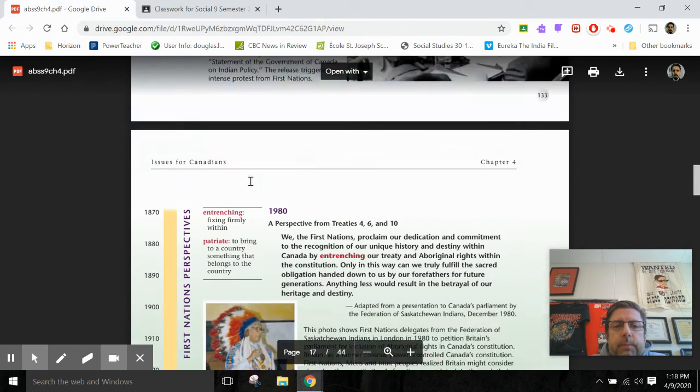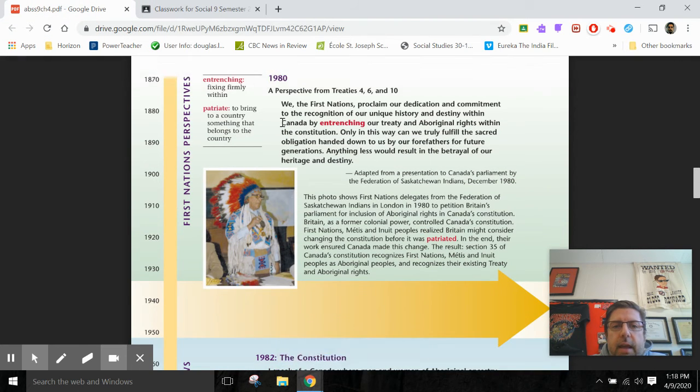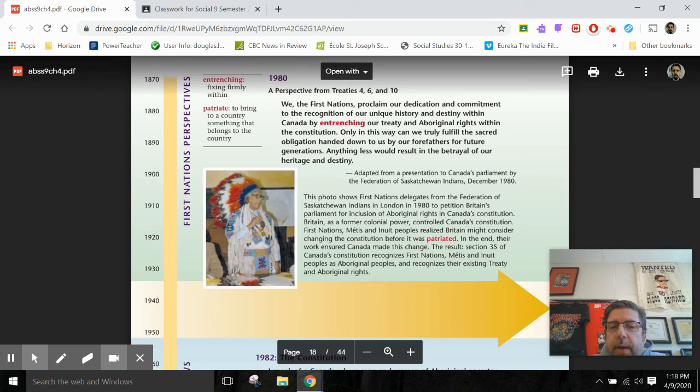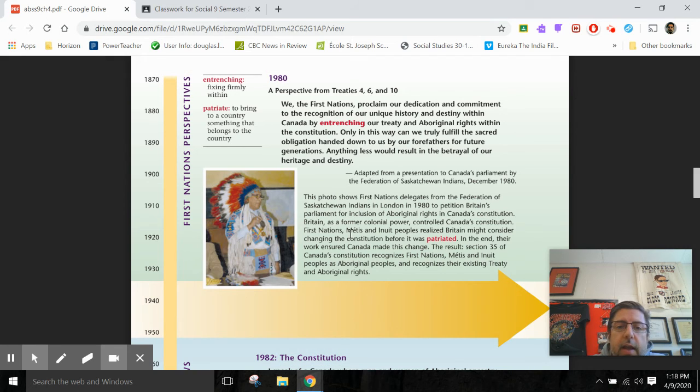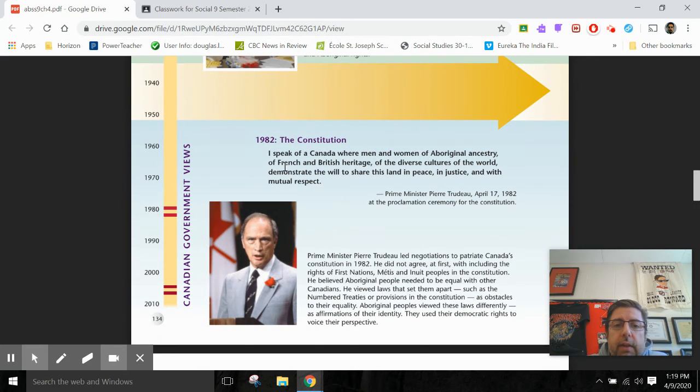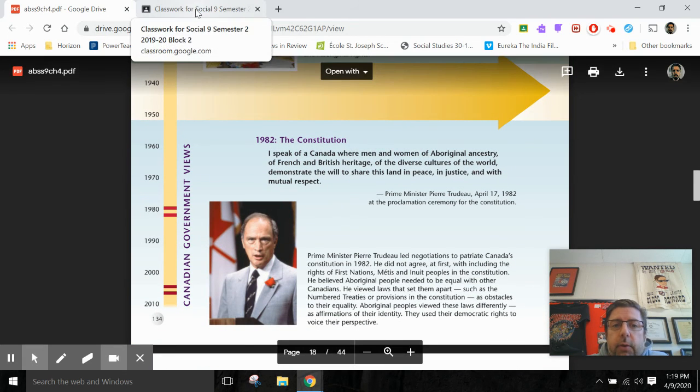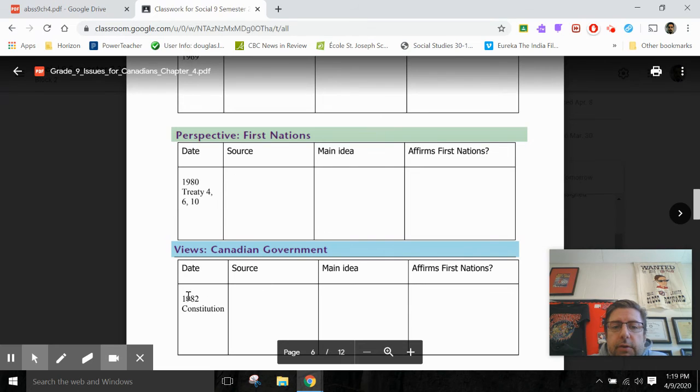Continuing on, you have 1980 as the First Nations perspective. Okay, once again, a source could be a person, a photograph, a quote. It's different every time. And then here's the Canadian government source from 1982, the Constitution.